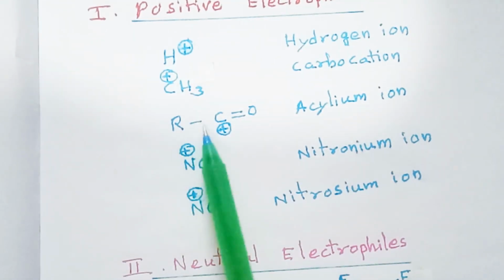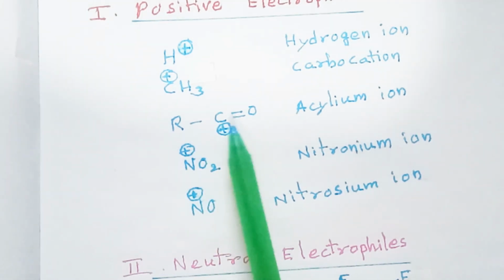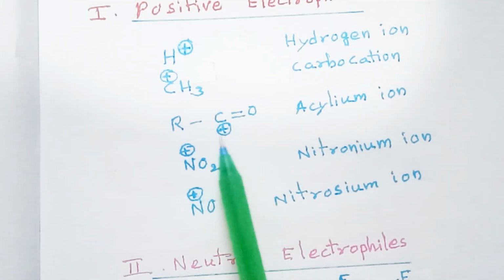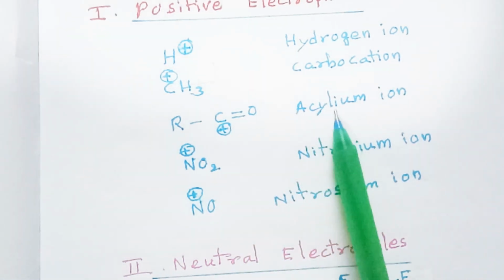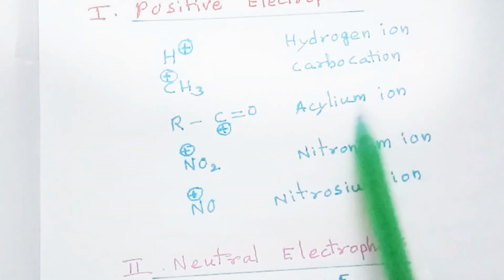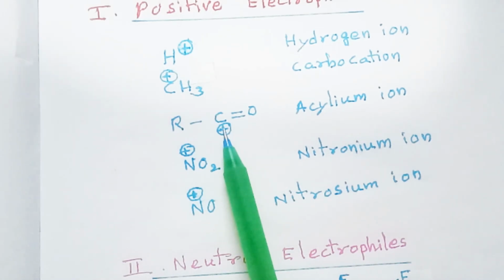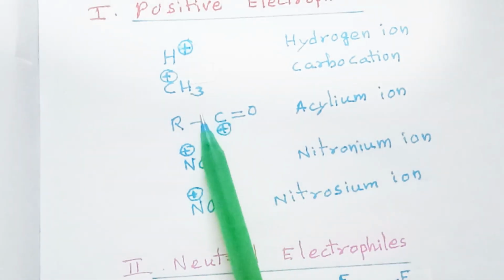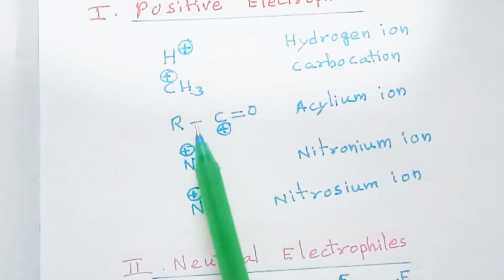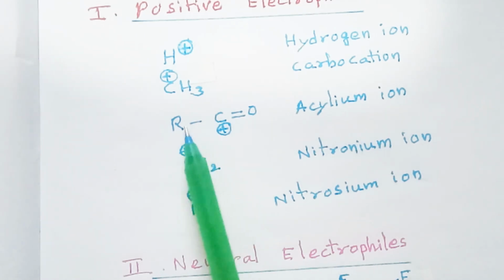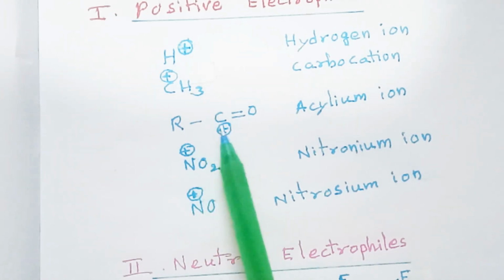Similarly, RC≡O+ with the plus charge on C is called the acylium ion. This is also an electrophile because the central carbon atom has 4 electrons from the double bond and 2 electrons from the single bond. So the central carbon atom has 6 electrons in its valence shell.